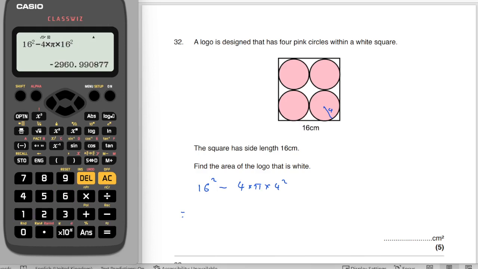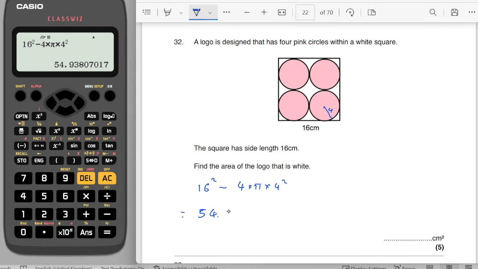So that gives me a value which does not make sense. So for some reason I've typed that in as 16 squared and I've written it as 4 squared. So there we go. I've obviously got a mistake there.